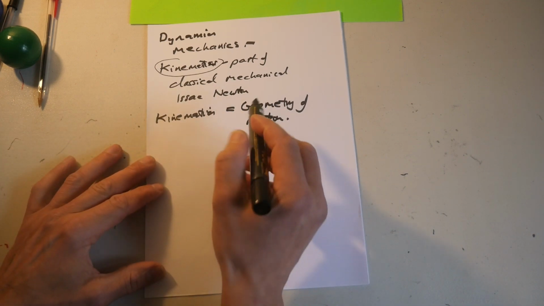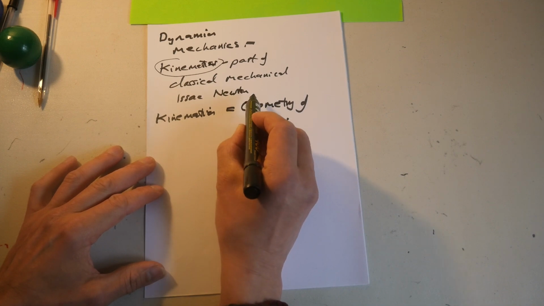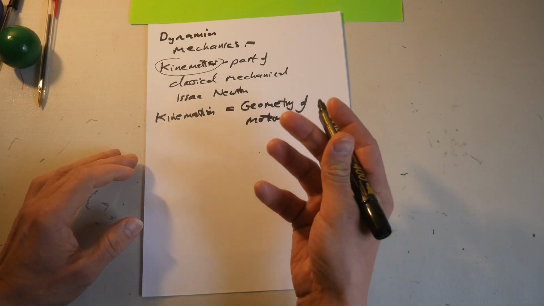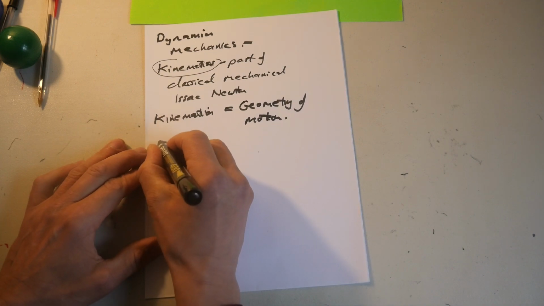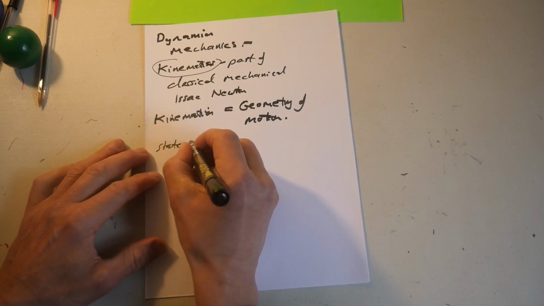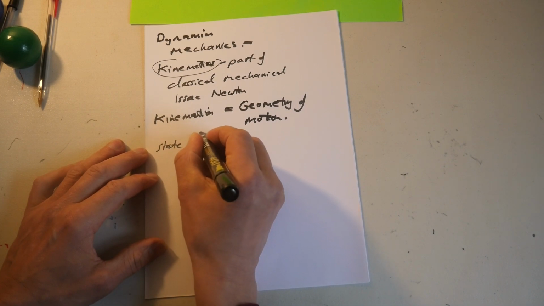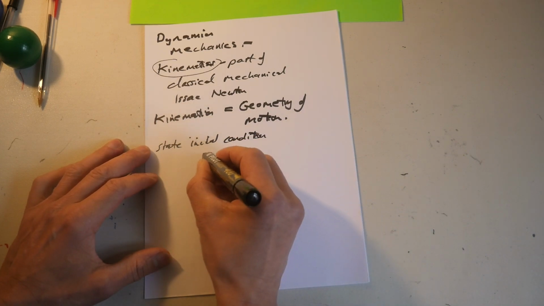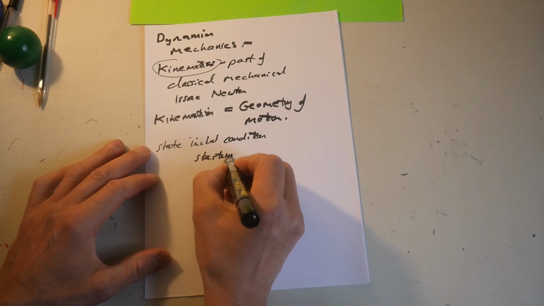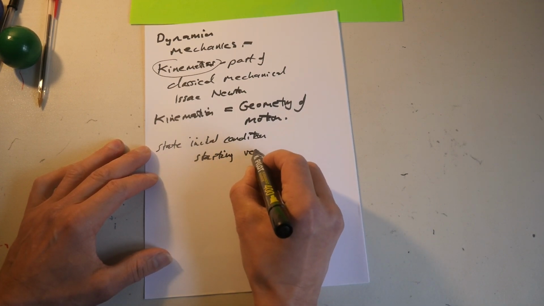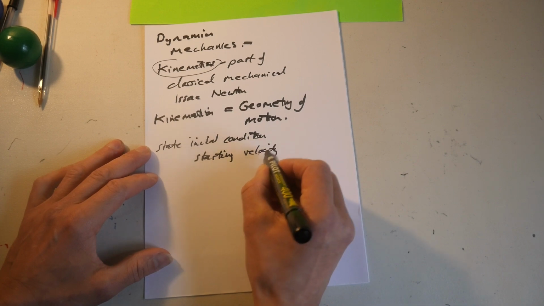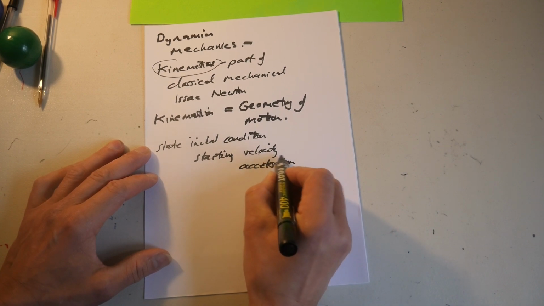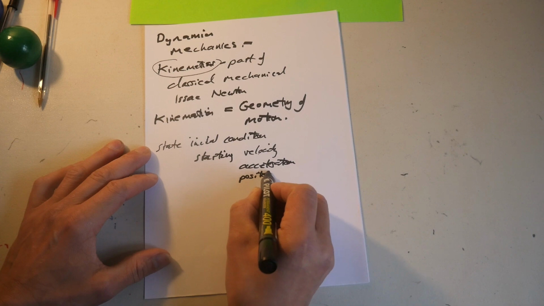So when you have the movement of a planet or a football, you state the initial conditions such as the starting velocity, acceleration, and position. Okay.